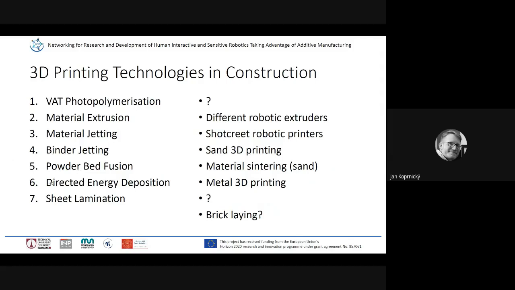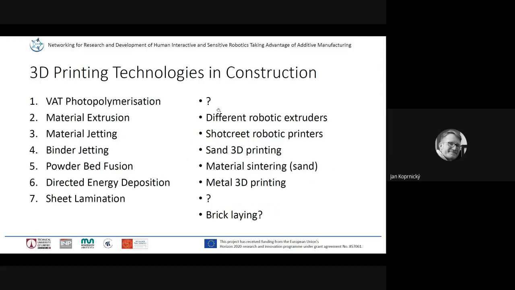So on the left side, you have these 7 groups, and I tried to find a large scale 3D printer with similar technology. First, photopolymerization, from the large scale point of view, is not suitable for printing whole houses or objects for living.